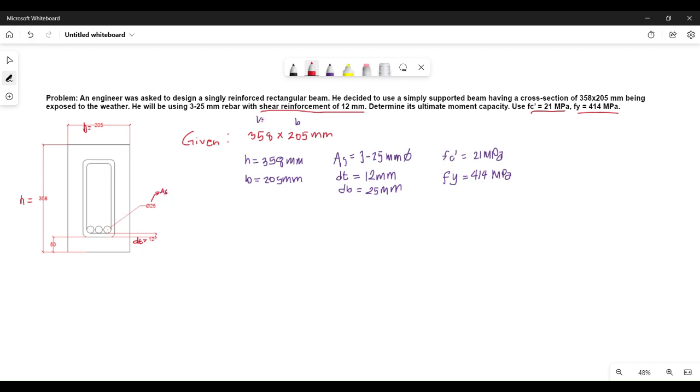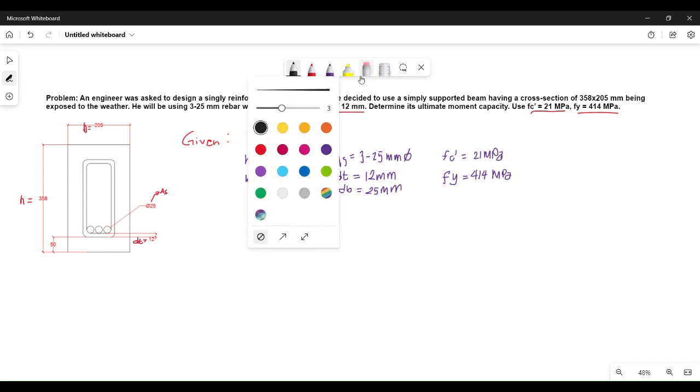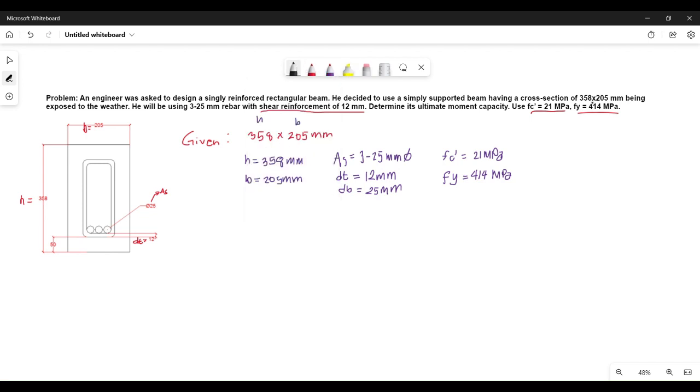Then, according to the problem, the beam is exposed to the weather. It means that since the beam is exposed to the weather, our concrete cover would be equal to 50 millimeter. This is Cc, concrete cover exposed to the weather, Cc equal to 50 millimeter.